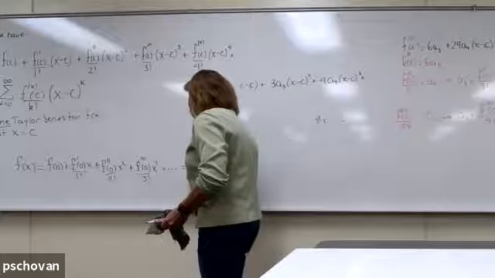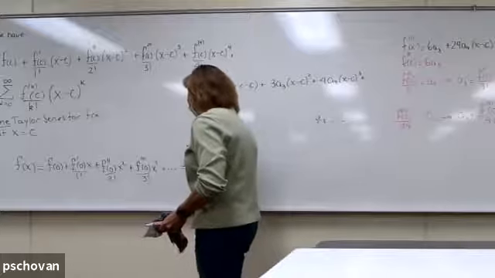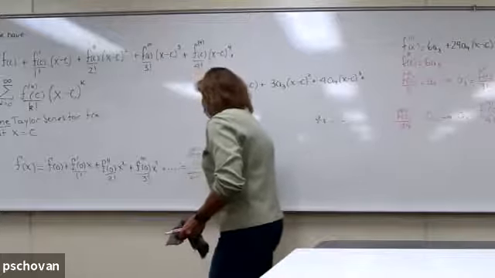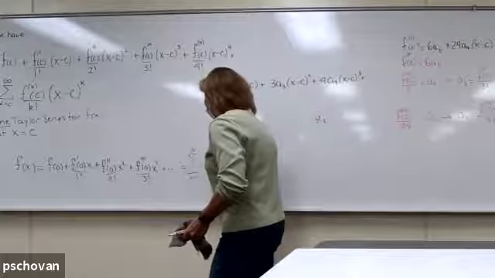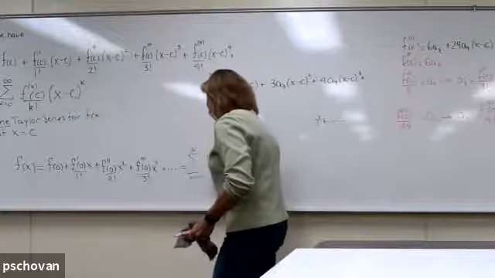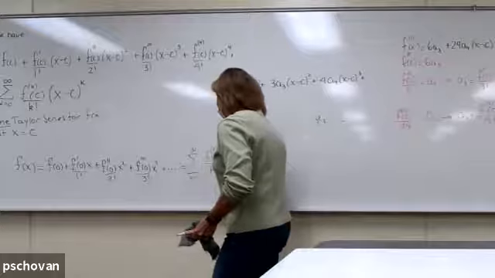In summation notation, it's the sum from k is equal to 0 to infinity of the kth ordered derivative of f evaluated at 0 over k factorial times x to the k.